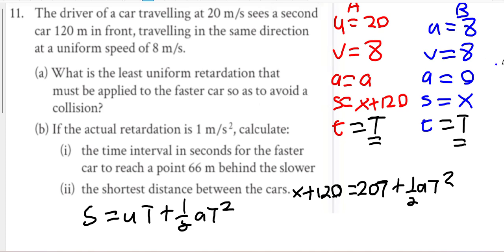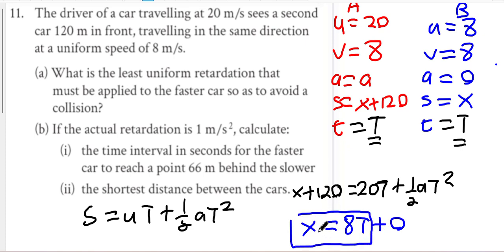The blue data set. So, x equals ut plus a half at squared, but a is 0, isn't it? So, what can I say about x then? X equals 8t. Sub it in.